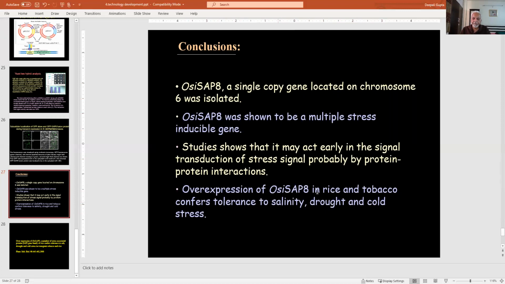So it means this technology can be used for conferring tolerance to other plants. After the discovery of this technology, it has been used, tested and validated in other plant species.